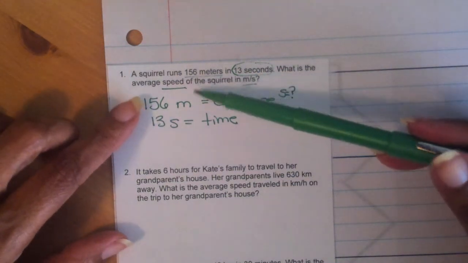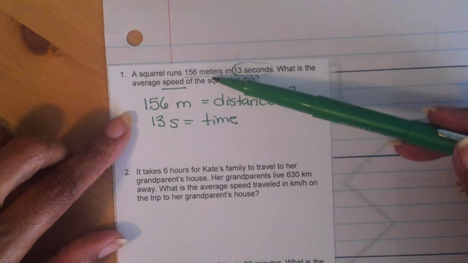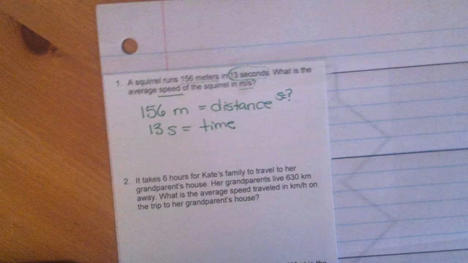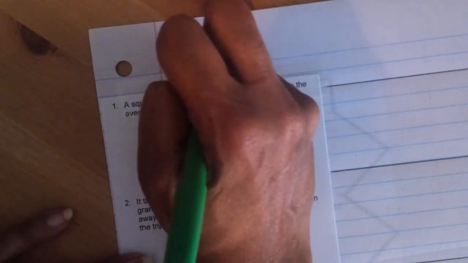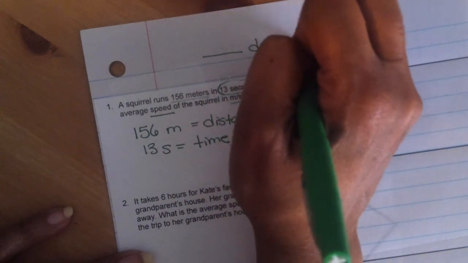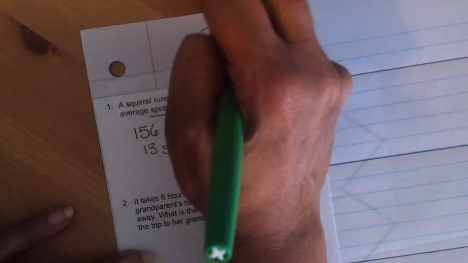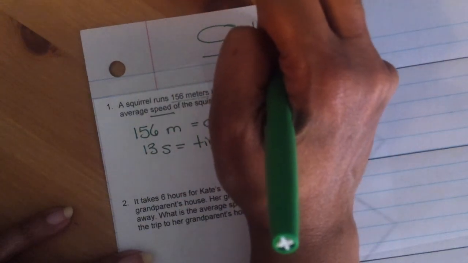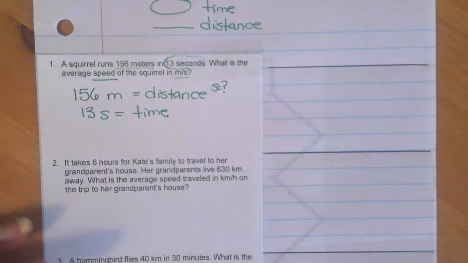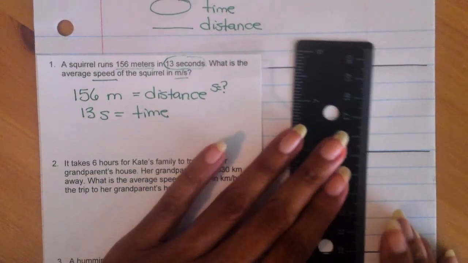So right there, if you follow this strategy, you've already broken down the information that you need. It's asking for average speed, so you underline your distance in meters and circle your time. So I'm going to write that up here. We're going to underline distance in the problem, and then we're going to circle time. All right. So now there's two ways that you can do this problem.